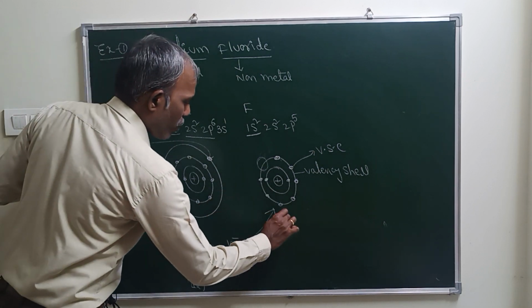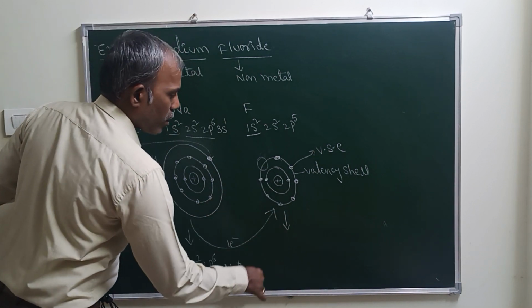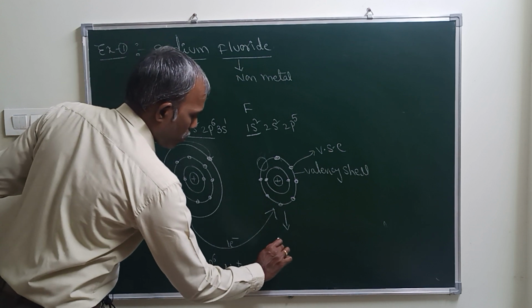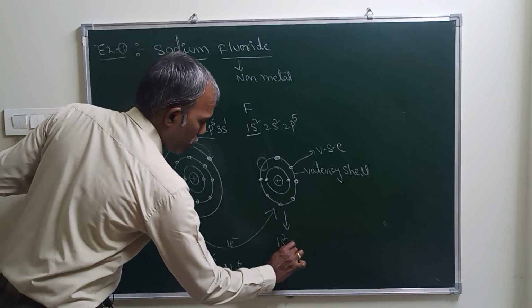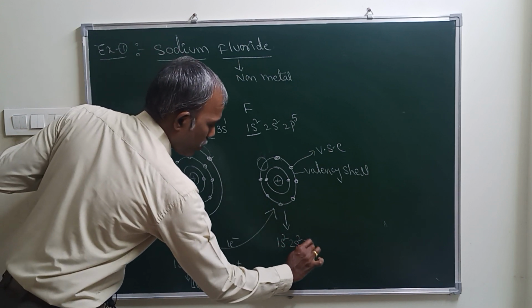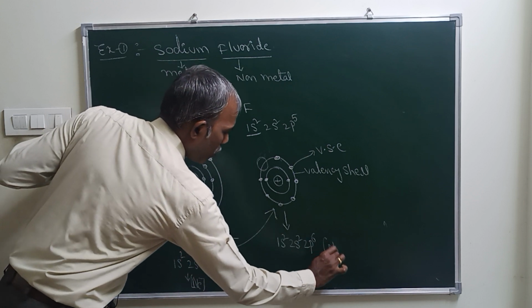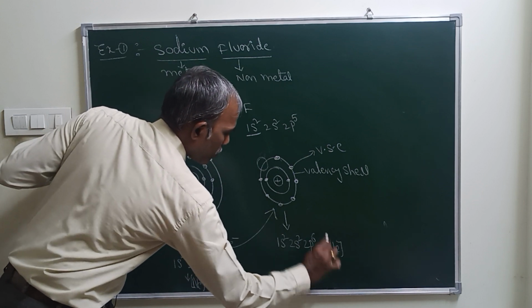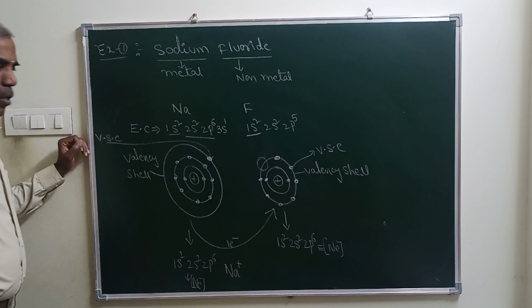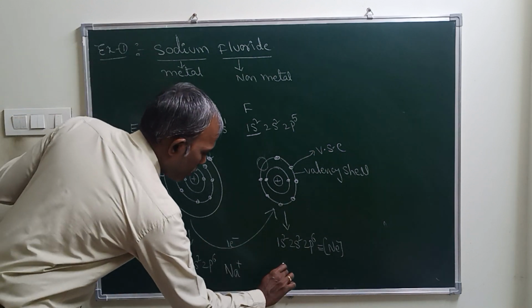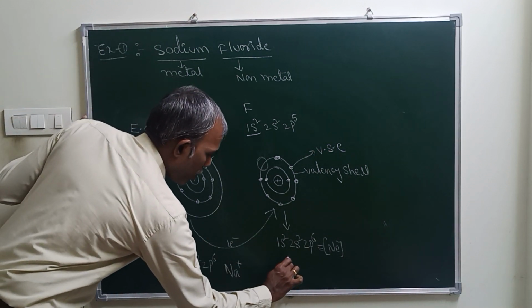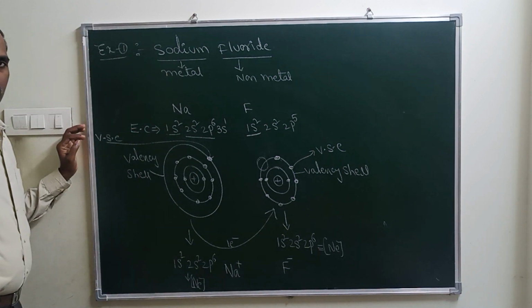After fluorine gains 1 electron, the electronic configuration is 1s2, 2s2, 2p6, also equal to the neon configuration. After gaining 1 electron, the charge on fluorine is F minus.